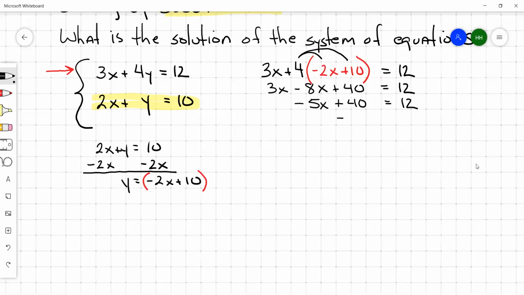If we subtract 40 from each side, then our negative 5x would be equal to 12 minus 40, negative 28. And then we're going to divide both sides by negative 5.